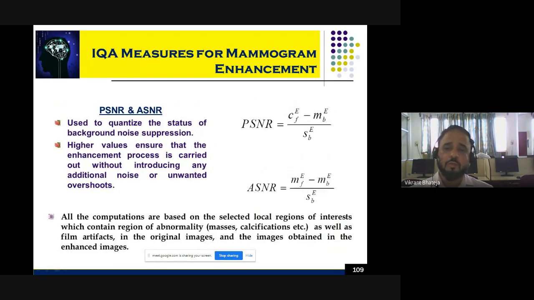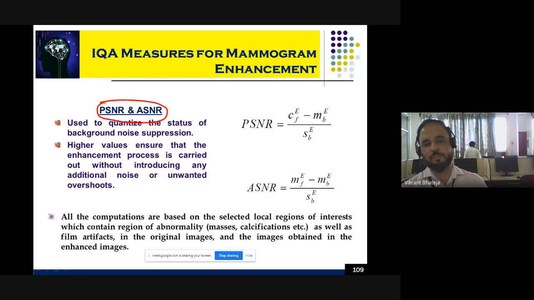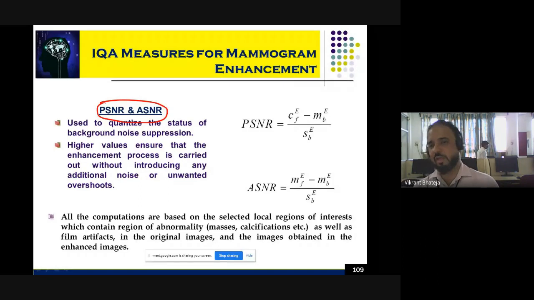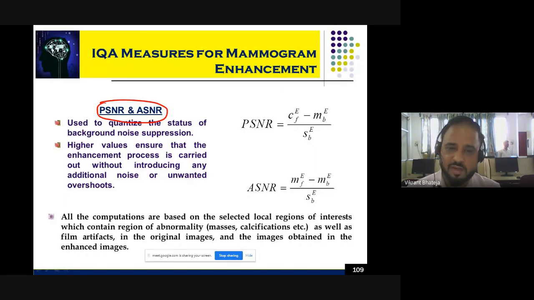Now with this, we are also measuring two other parameters, that is PSNR and ASNR. Although we are focusing on contrast enhancement, we calculate PSNR and ASNR in combination with any of the contrast indices; it is always mandatory, because when you try to improve the contrast, no doubt you see a very good improvement in the value of the contrast.